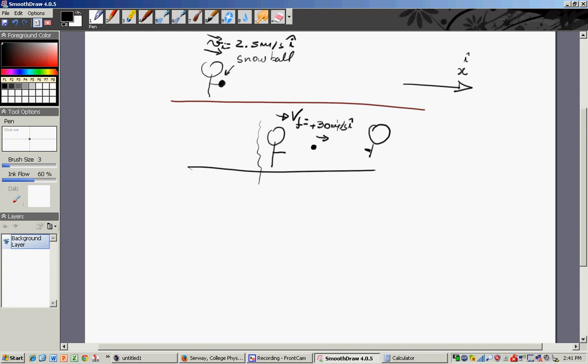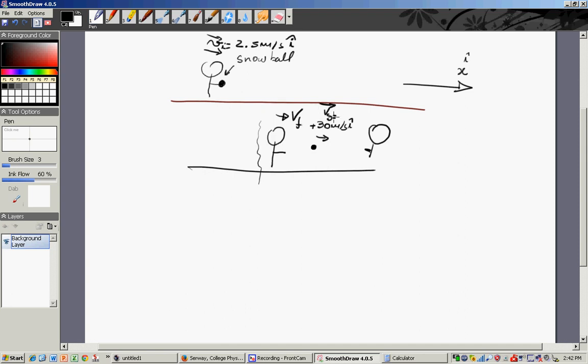And sorry, I think I'm making a confusion here. The vf is the velocity of the person, and the velocity of the snowball is the positive 30 meters per second.